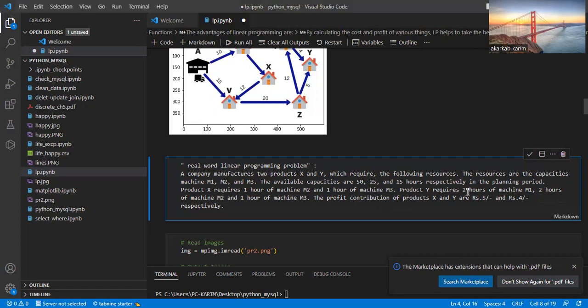The profit contribution of products X and Y are 5 rupees for X and 4 rupees for Y. That means the price for each single product. So for X we have 5, and for Y we have 4 respectively.